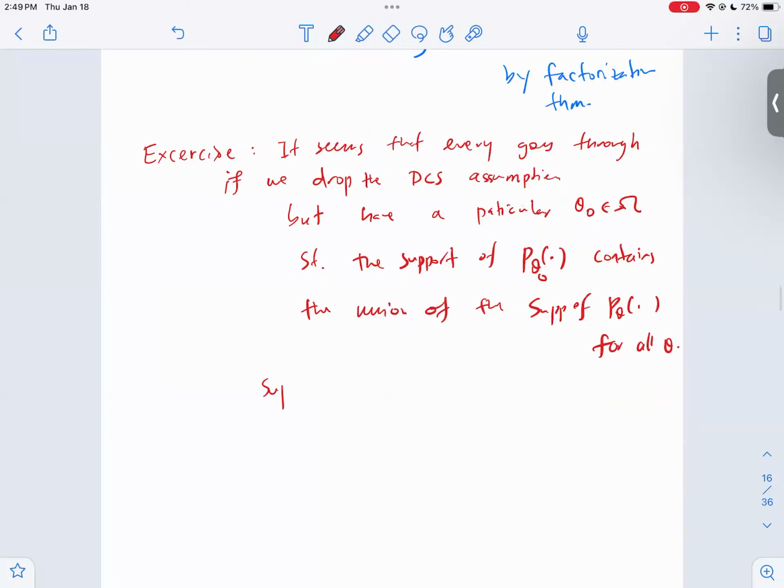Something like support of P theta naught includes the union over theta in omega of support of P theta. That seems to be okay.